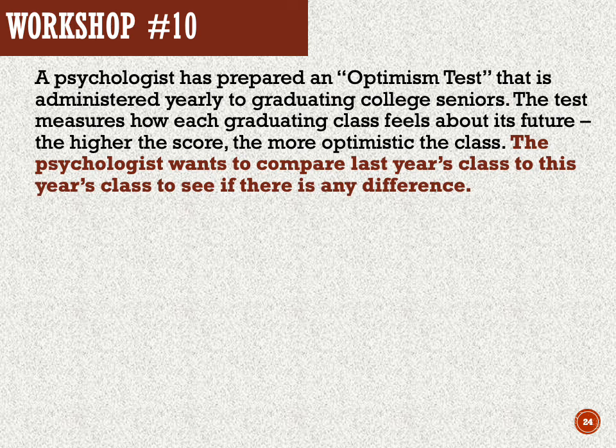So a psychologist has prepared an optimism test that is administered yearly to graduating college seniors. The test measures how each graduating class feels about its future. The higher the score, the more optimistic the class. The psychologist wants to compare last year's class to this year's class to see if there is any difference.